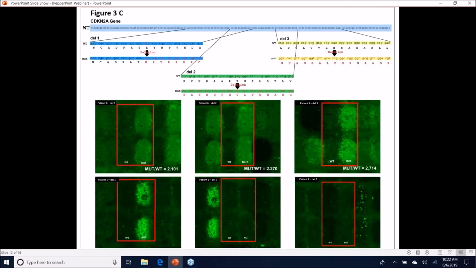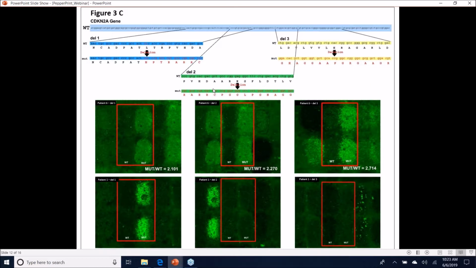So here's another example where we're comparing patient 6 and patient 1. This is a deletion that results in a frame shift. So oftentimes whenever you have a deletion, frame shifts occur, and you could generate many potentially 15 amino acid peptides. So we design multiple peptides.